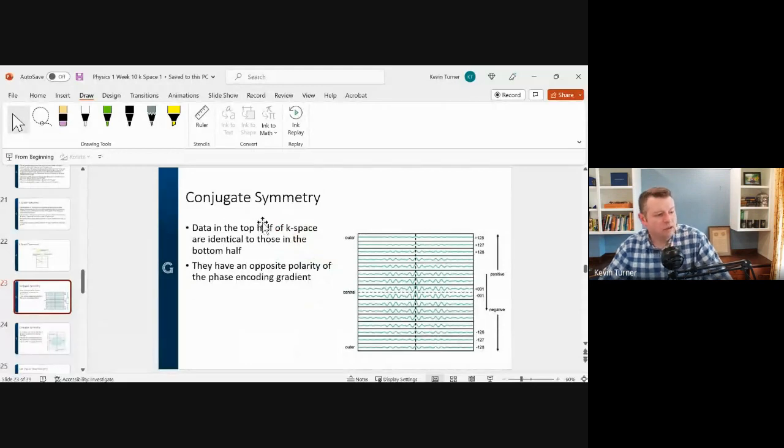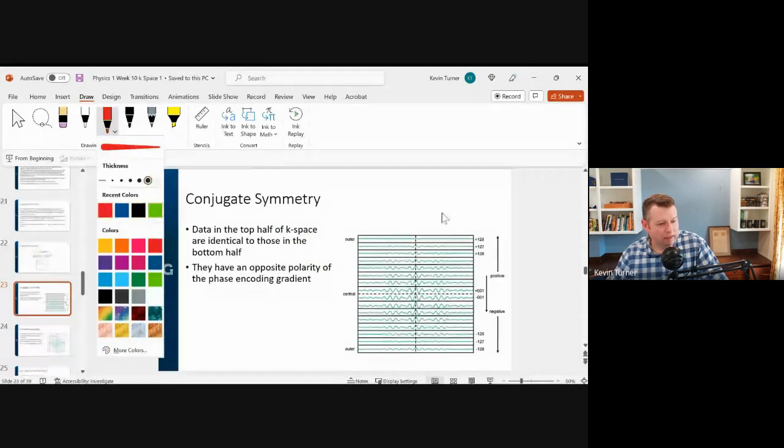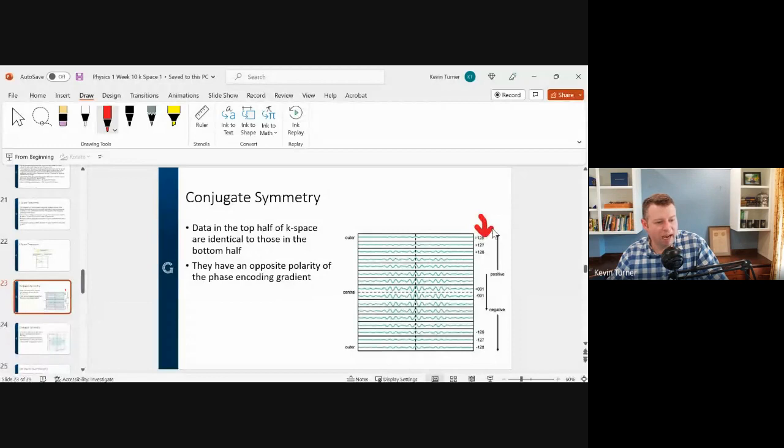All right. So data in the top half of K-space are identical to those in the bottom half. They are a mirror image of each other. If I was to draw a line through the middle of K-space, this information would be a mirror image of this information. Meaning that echo 128 in the positive direction has the exact same shape as the echo at negative 128.